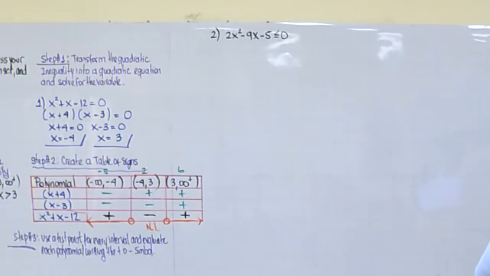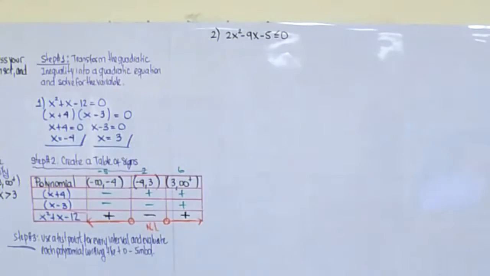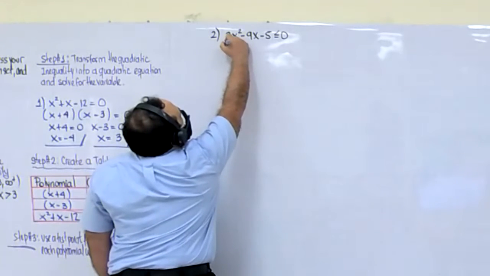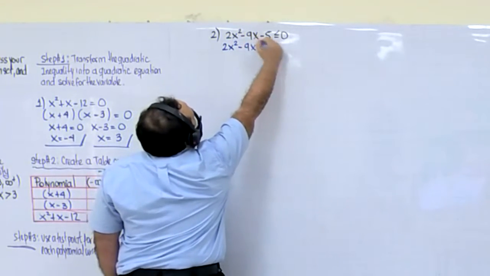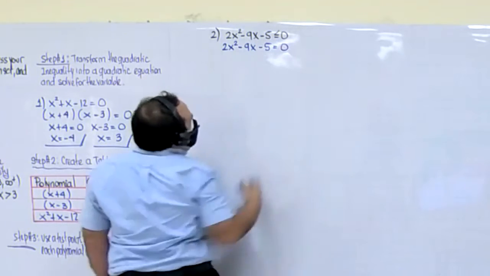Remember, step number 1, we must transform that inequality into an equation and solve for x. In this case, we got 2x squared minus 9x minus 5 equals 0.